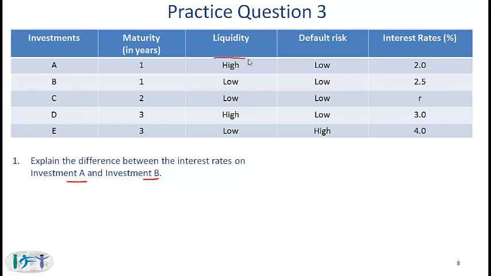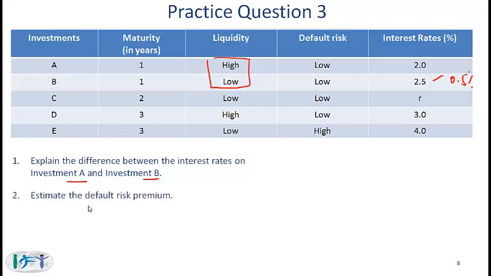And the answer is because of the difference in liquidity. Does it make sense that the return on B is higher? The answer is yes, because B has lower liquidity, and therefore investors will demand a higher return for investing in B relative to investing in A. That higher return happens to be 0.5%. So in our simplistic example here, 0.5% is the liquidity premium.